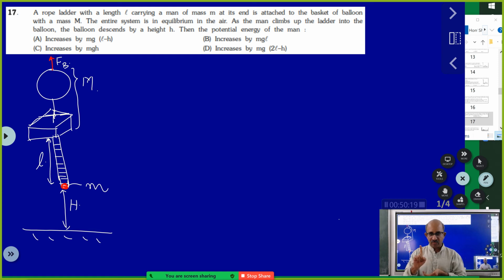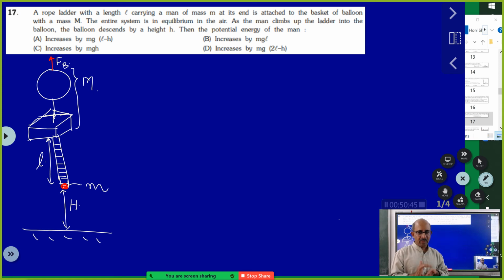Clear? But definitely the man is going up. With respect to ground, the man is going up. So therefore the potential energy of the man is increasing. That is no doubt about it.